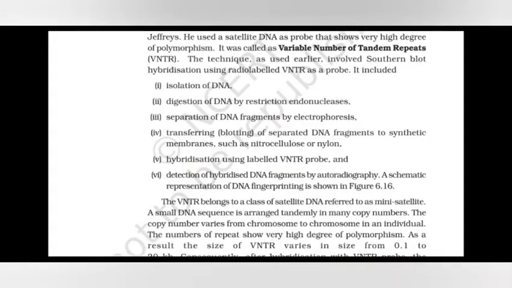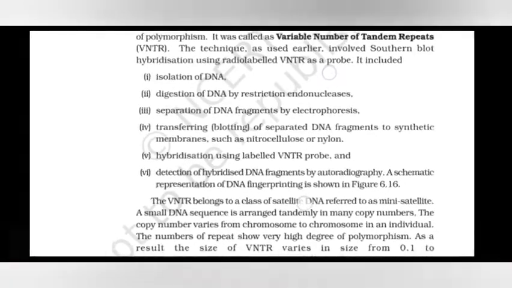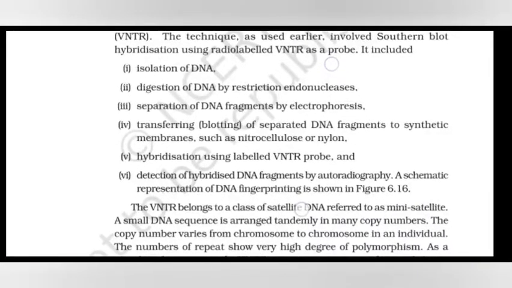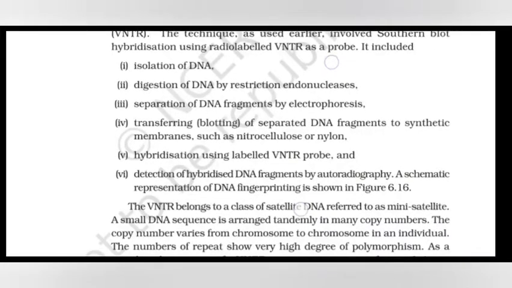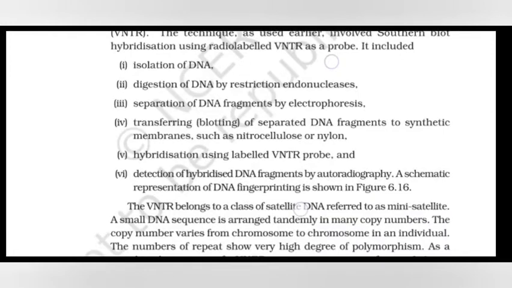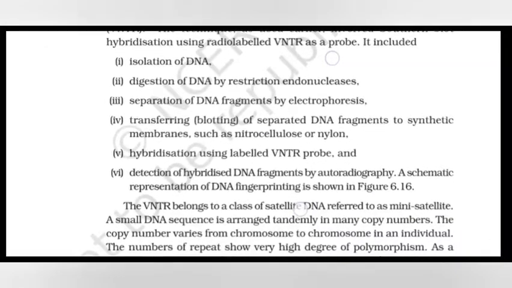Let us first see the steps which are involved. These steps are: number 1, we have already studied isolation of DNA, followed by digestion of DNA by restriction endonucleases, then separation of DNA fragments by electrophoresis. After that, transferring or blotting of the separated DNA fragments to synthetic membranes such as nitrocellulose or nylon.